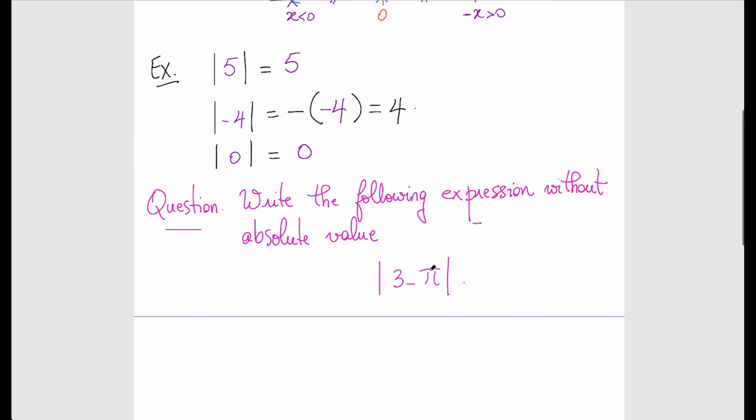So for those of you who forgot, pi is an irrational number, meaning it has decimal points which never end, and they don't behave in a regular fashion. Okay, and pi is approximately 3.14.